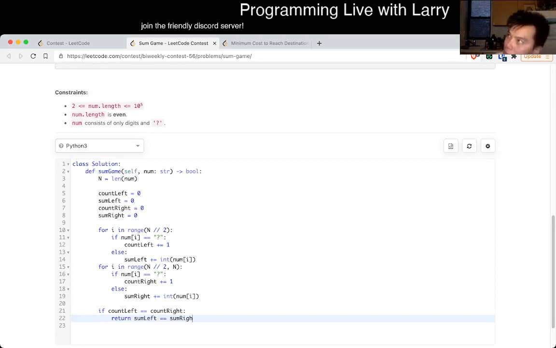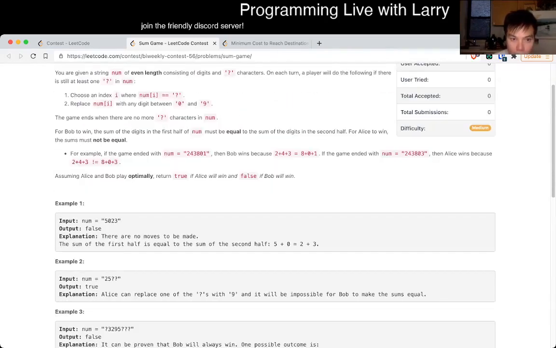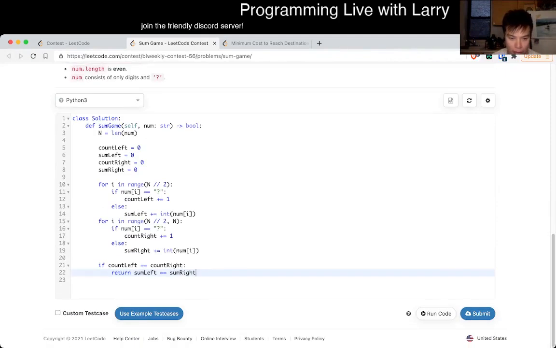Then we return whether the sum is the same. Is that true? Yeah, opposite of it. Because if they're the same, then Bob will just do your move. That's not true. Well, and if the sum is different, what happens?